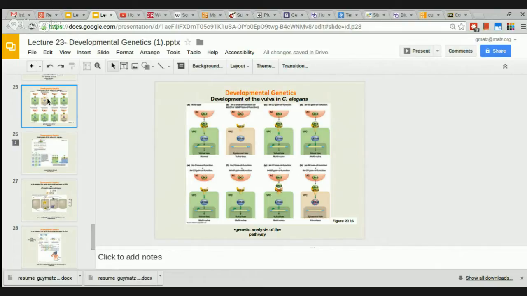If you have a loss of function mutation in Let23, the receptor, that essentially prevents either binding to the ligand or response after binding to the ligand Lin3. And so this essentially cancels the pathway, and the phenotype that results is vulvaless because Let60 is not activated.